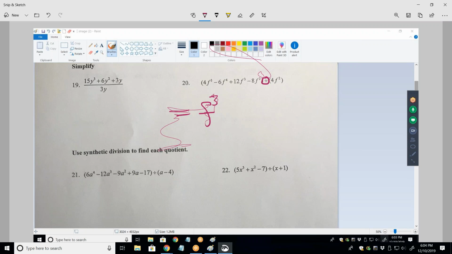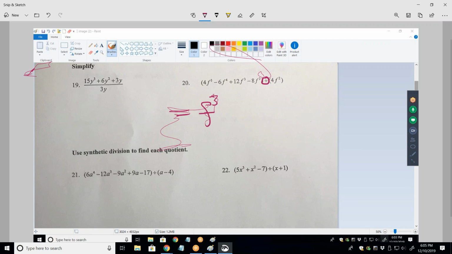Second part. What is minus 6f to the fourth divided by 4f squared? 2f squared. Not 2. Do the numbers first. What's 6 divided by 4? 3/2.